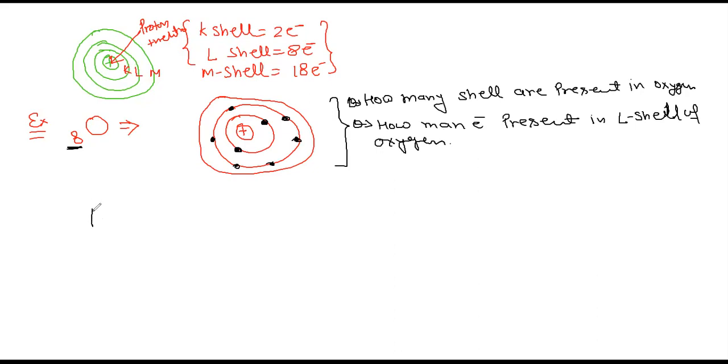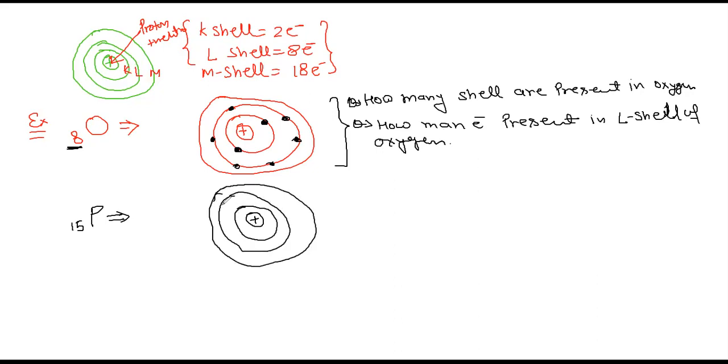I just took phosphorus. Phosphorus is 15. This is the nucleus, this is the first cell, this is the second cell, and this is the third cell. According to the rule, the first cell contains 2 electrons. The second cell contains 8 electrons: 1, 2, 3, 4, 5, 6, 7, 8.